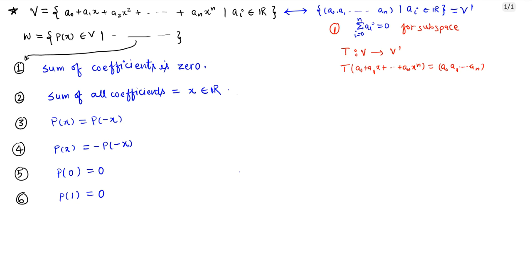If we apply multiple conditions like p naught, p1, p2 and so on, some fix, this is equal to 0, this is also subspace or not? Yes, p1, p2, this is equal to 0, this is also a subspace.